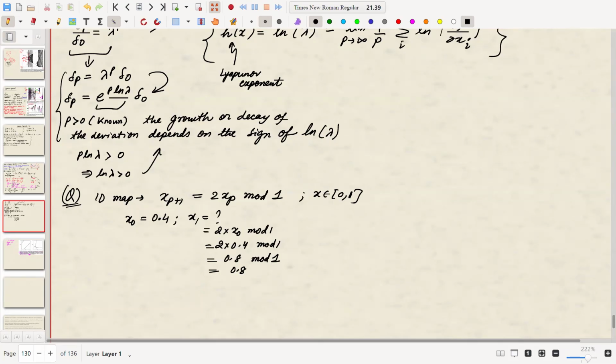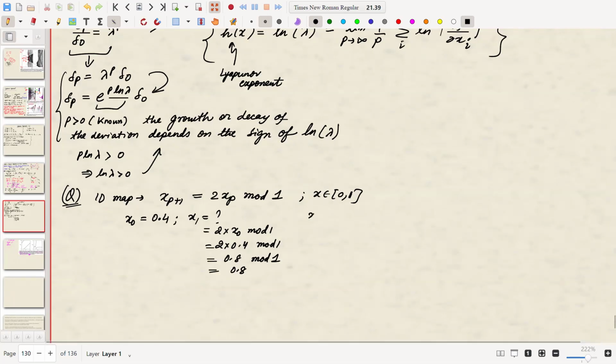Otherwise, if you don't define mod 1, every time the number gets multiplied by 2, it will go to infinity, and we can't study the dynamics. Mod 1 means you divide by 1 and take the remainder. So 0.8 mod 1 is just 0.8 because there is no higher factor than 1.